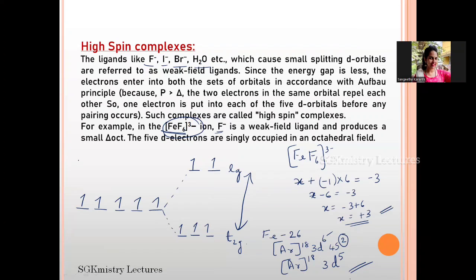So now the configuration will be T2G3 EG2. So this is what happens. Now you can see the number of unpaired electrons is very high here. There are 5 unpaired electrons. So it is easy to remember: since there are more unpaired electrons, just by looking at the configuration itself, you can identify it is a high spin complex.